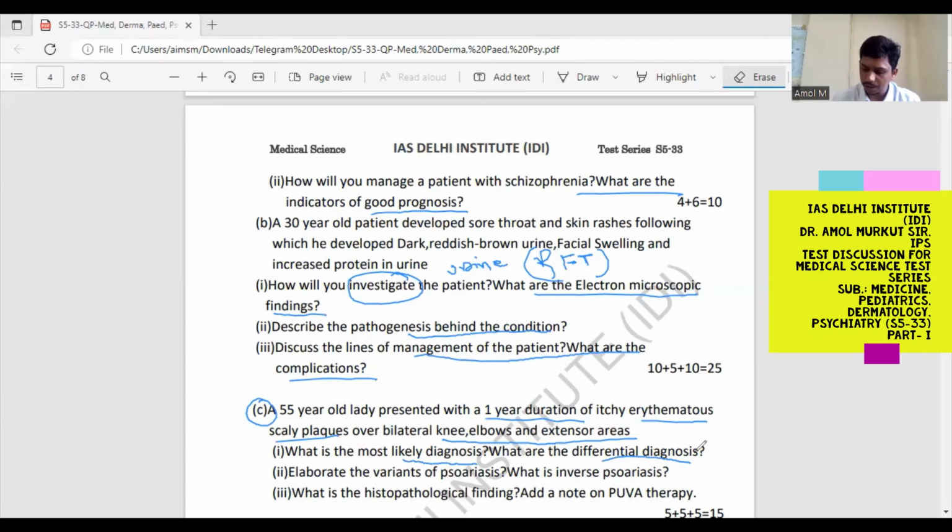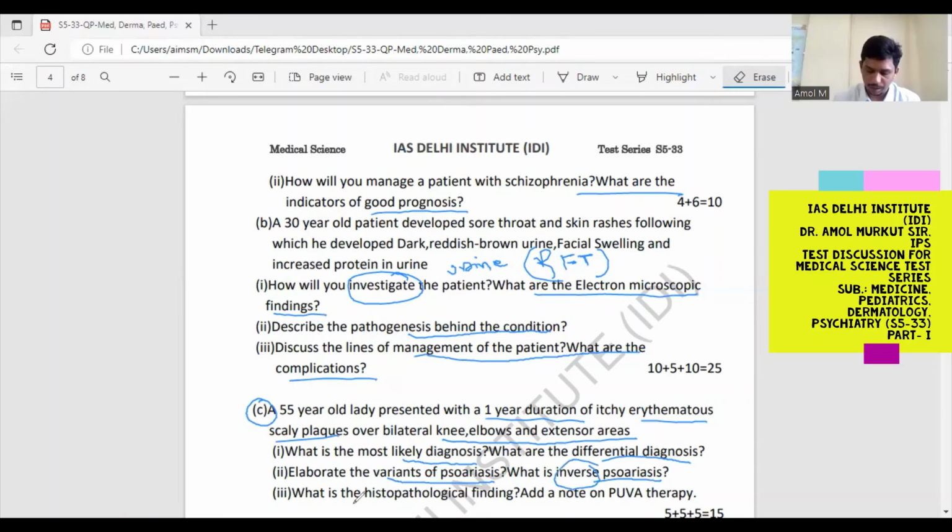What is inverse psoriasis? Variants are guttate psoriasis, rheumatoid psoriasis. These are the variants of psoriasis. Then there are variants according to the site of body: flexural psoriasis, extensor psoriasis. Okay. What is inverse psoriasis? Inverse psoriasis means flexural psoriasis.